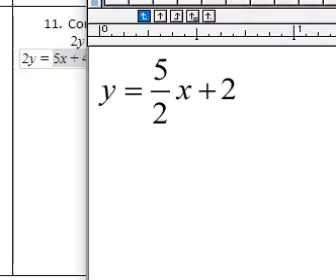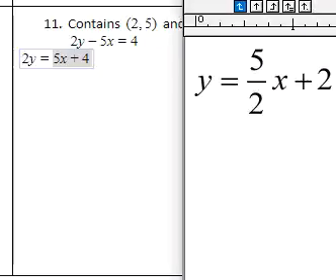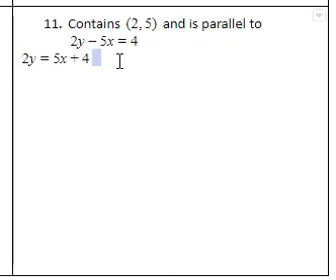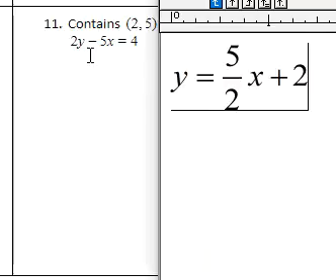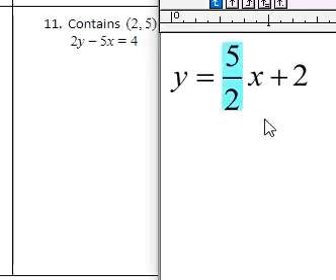So it originally was 2y minus 5x equals 4. That was the equation in its original format. If I solve for y, it becomes y equals 5 halves x plus 2. The reason that I solved this for y was to find the slope, which is the coefficient of x.